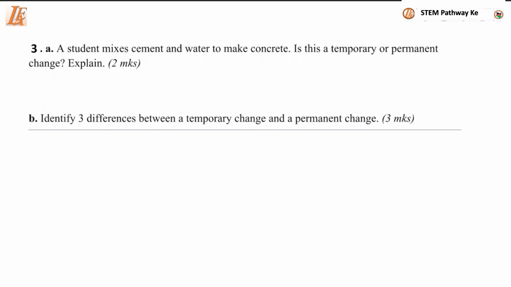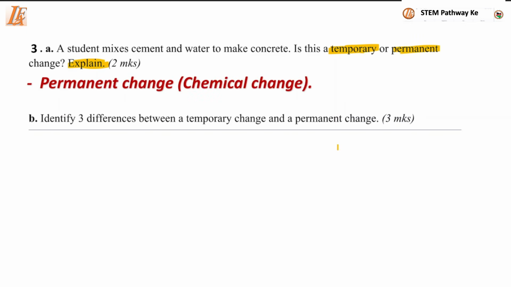Question 3. A student mixes cement and water to make concrete. Is this a temporary or a permanent change? Explain. Now, when a student mixes cement and water, the type of change that takes place is what we call a permanent chemical change.